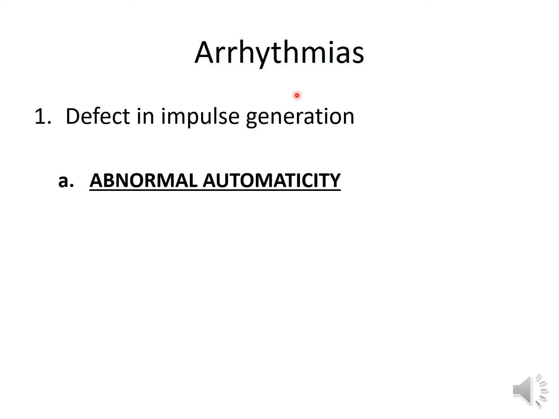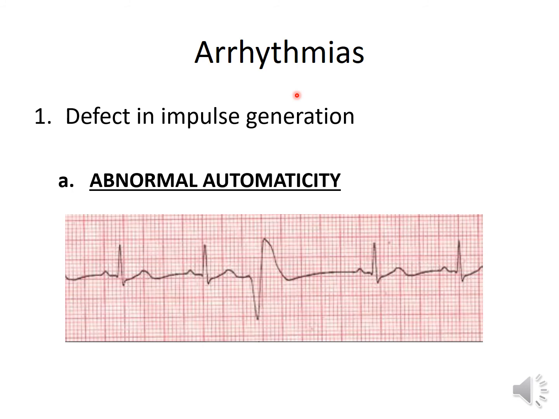As I have told you, there are many types of pacemaker cells, and most of them remain hidden or suppressed because of the firing rate of the SA node. But sometimes a hidden pacemaker may become unhidden, and it may start producing its own intrinsic firing rate. It may start producing its own impulse, and that may be seen in the form of an ectopic beat.